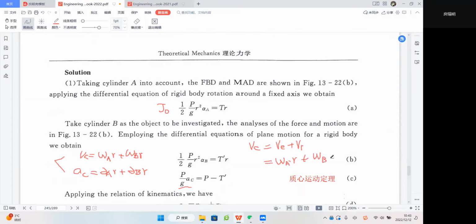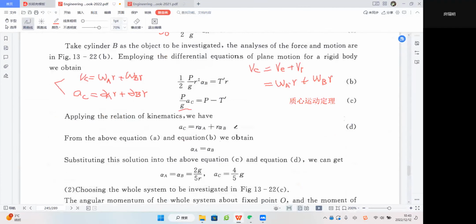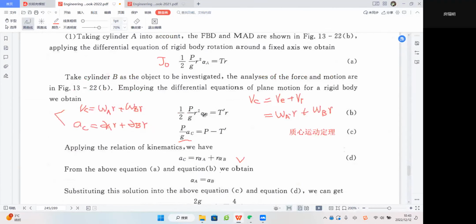So I just introduced two methods to help you guys understand why we have this relationship. And from this equation and this equation, you guys can find this part and this part are equal, and T equals T prime.